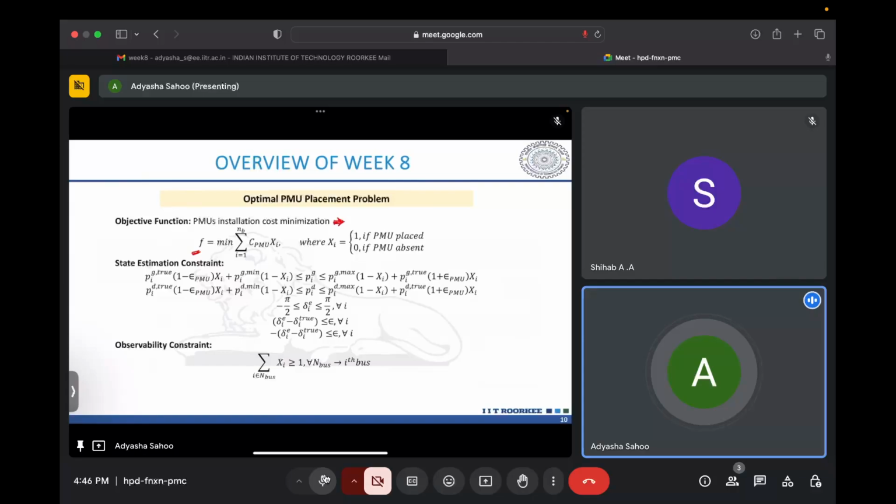So let's say you have a system with NB buses. How many candidate locations do you have for your PMU? A PMU can be installed at NB bus locations.